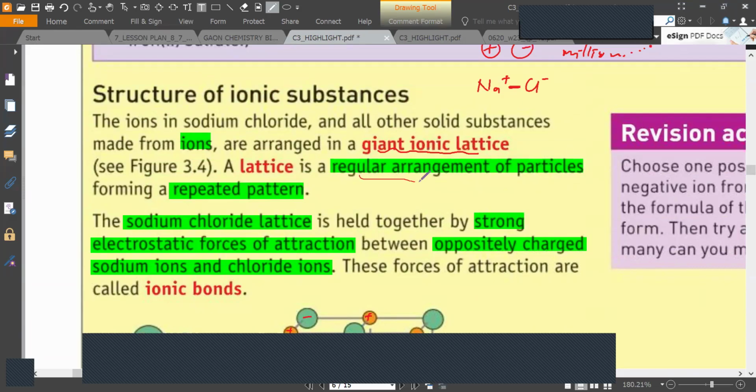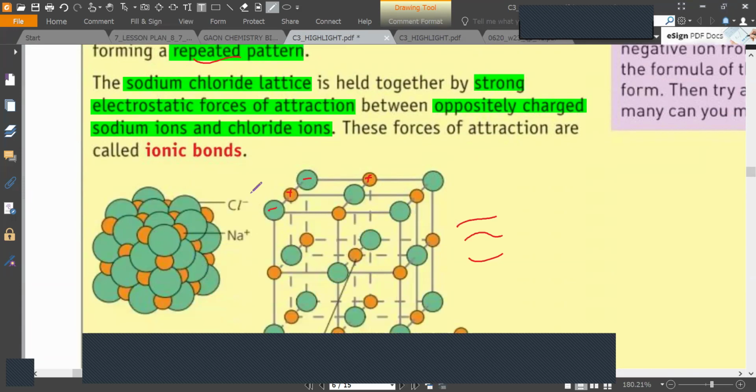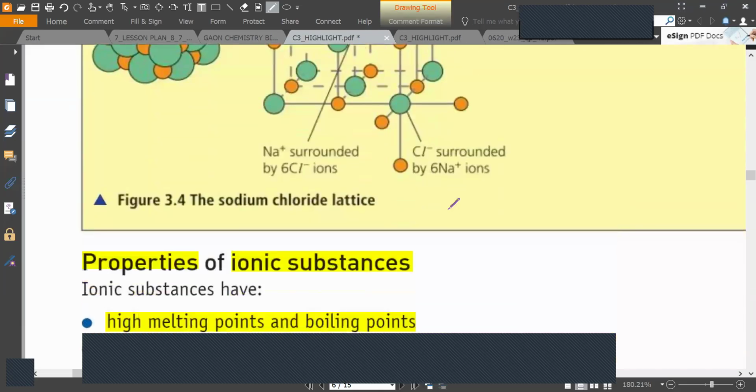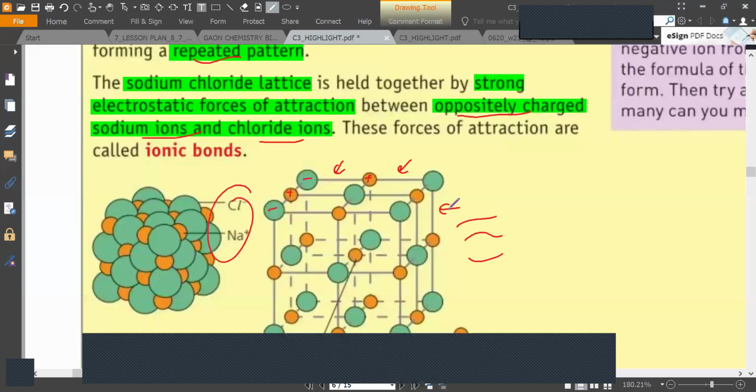It is a regular arrangement of particles in a repeated pattern. In this case, we have the sodium chloride lattice, whereby in between there is strong electrostatic attraction. We have oppositely charged ions with strong electrostatic forces of attraction.